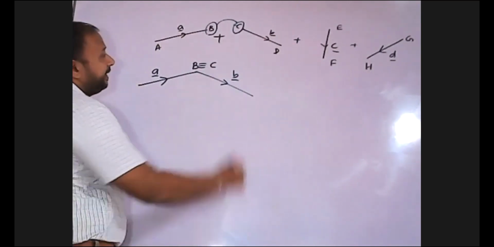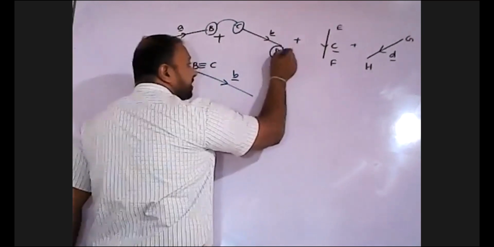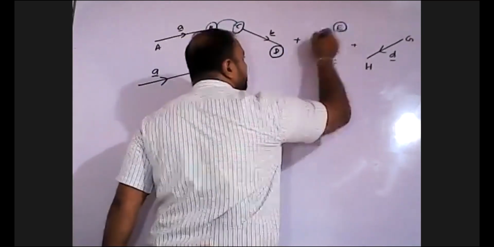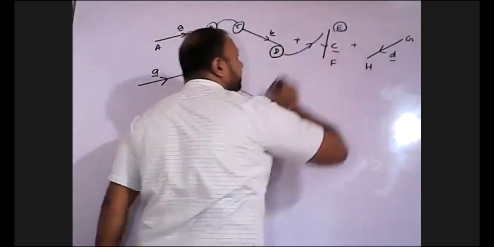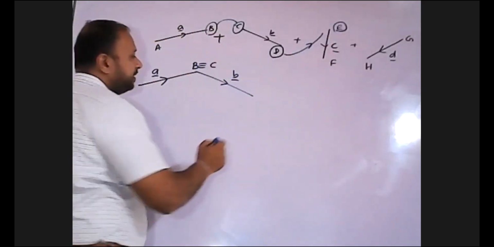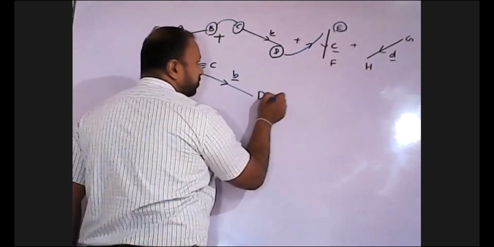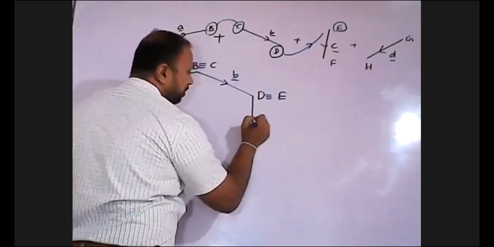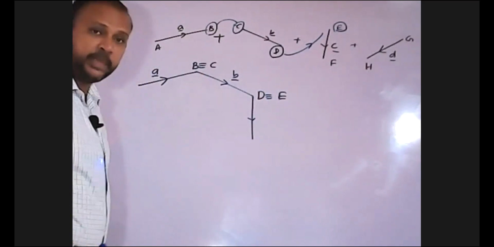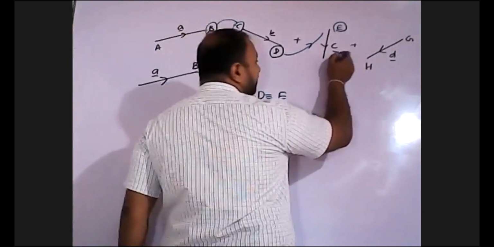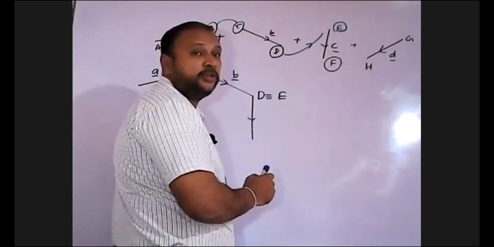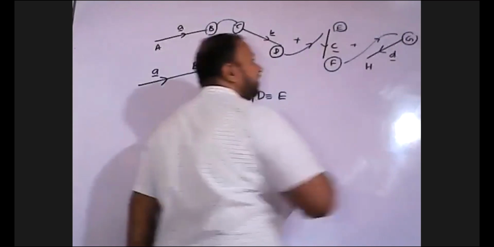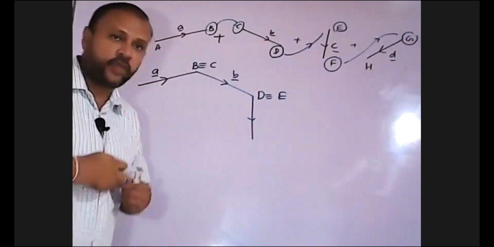Then coincide the end point of the second vector with the starting point of the third vector. D should coincide with E. Then you will have this. Then coincide the end point of the third vector and the starting point of the fourth vector.